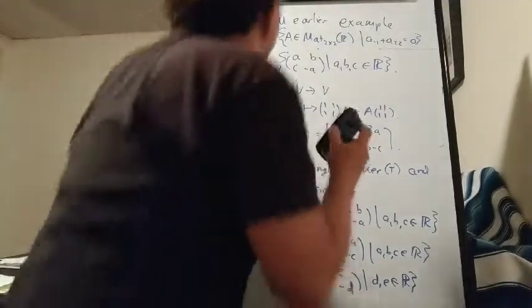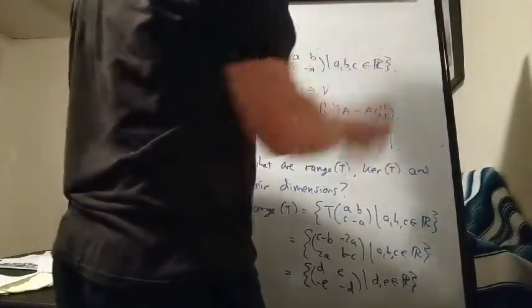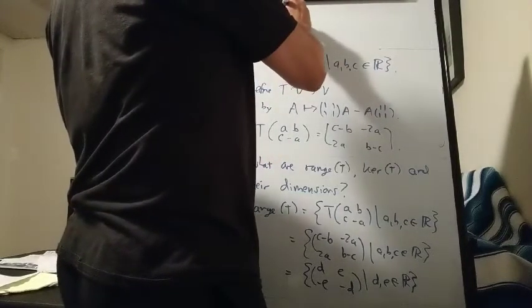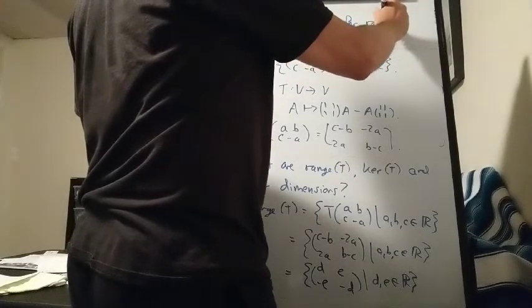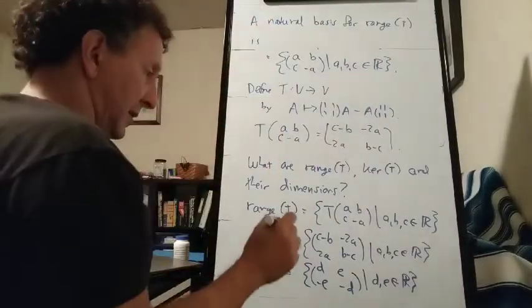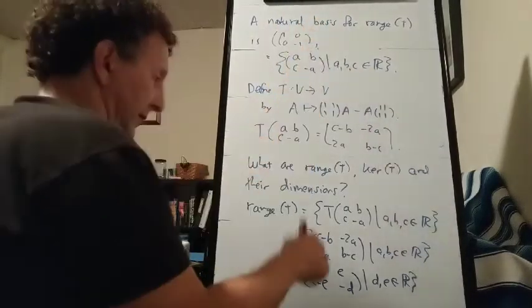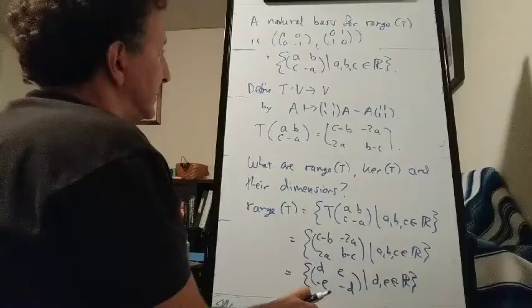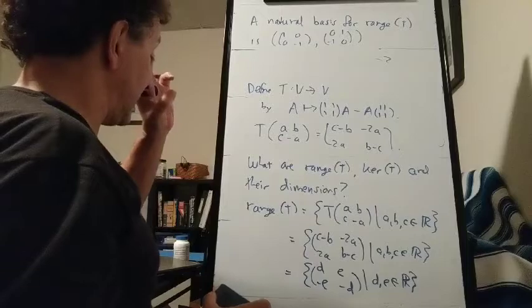There's one very natural choice. So a natural basis for the range of T is [1, 0; 0, -1] and [0, 1; -1, 0]. So apparently the range has dimension 2.